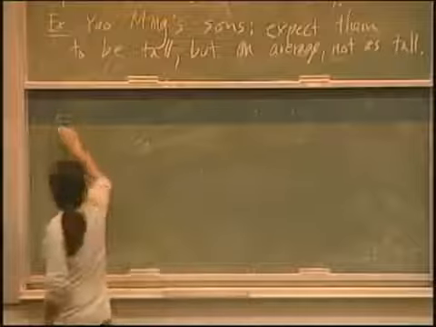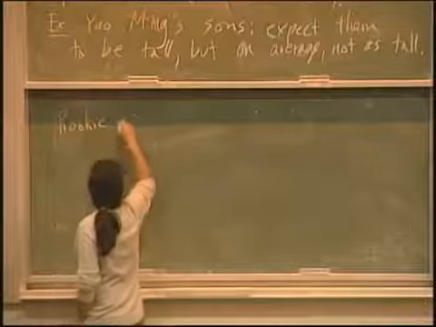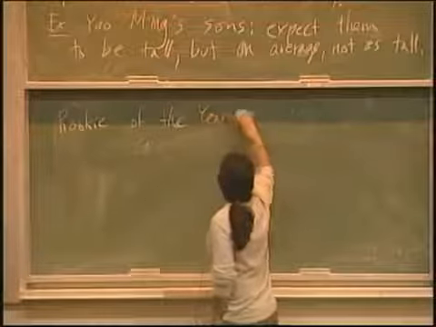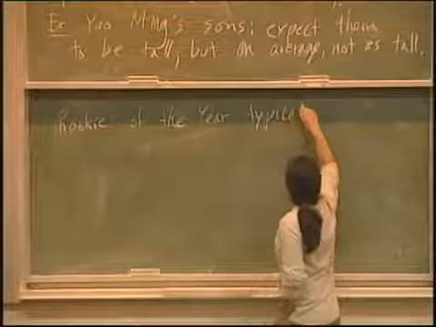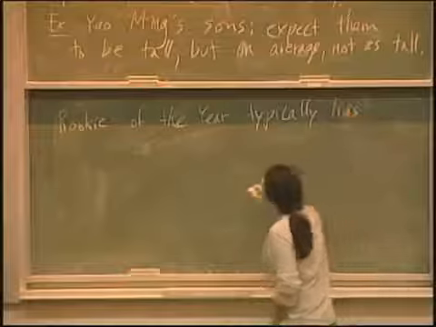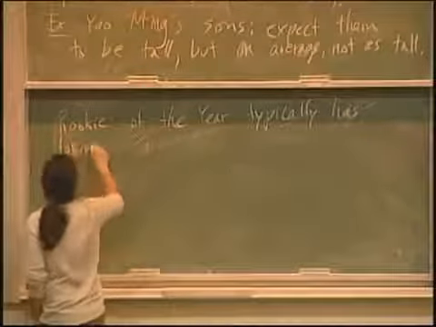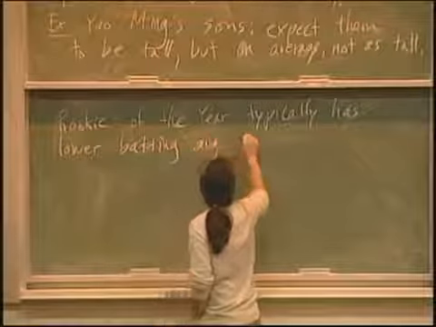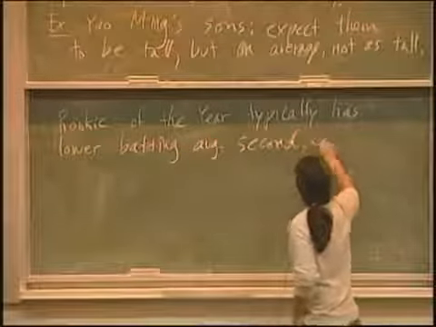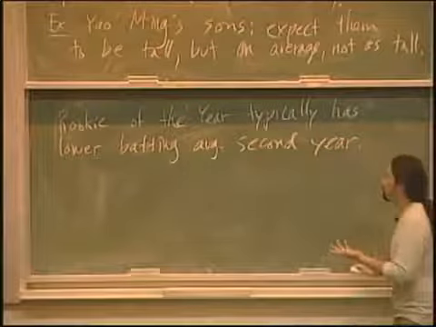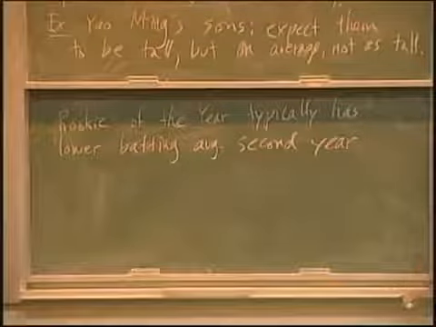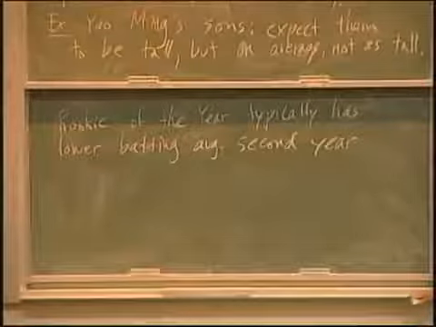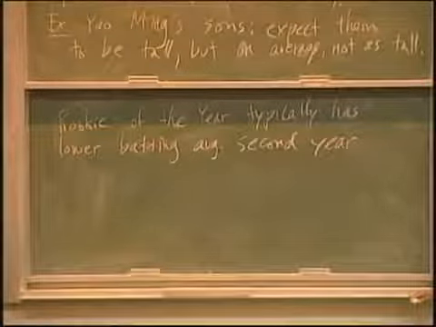So just write that: has lower batting average the second year. Some people have referred to this as a sophomore slump. Sophomore meaning second year. The Rookie of the Year will typically have their batting average go down.